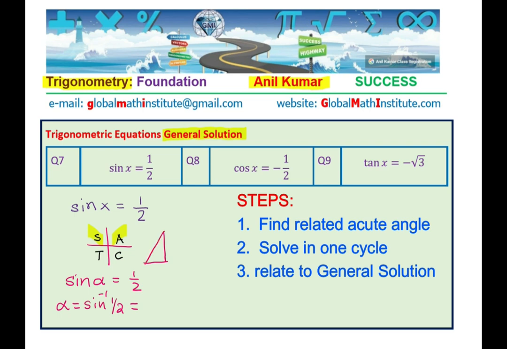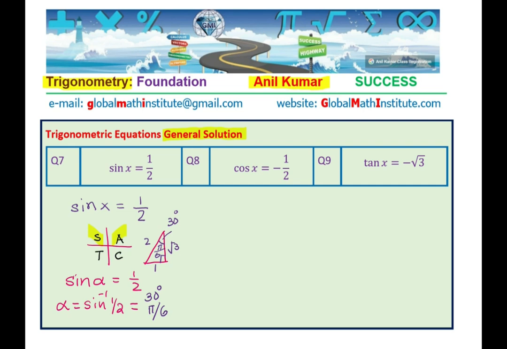This is the special triangle we were looking for: 1, 2, square root 3. And this angle will give you side opposite as 1, hypotenuse 2. And you know this angle is pi by 6 or 30 degrees, correct? And so we have this solution as 30 degrees, or you can write this as pi by 6. So those are your solutions in degrees and radians in quadrant 1 for the given situation.